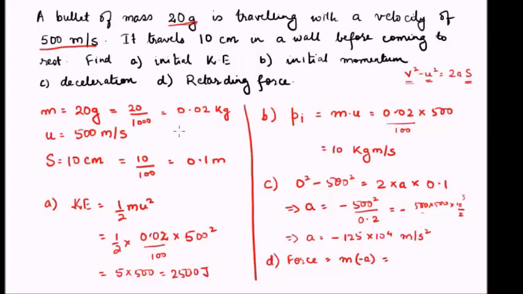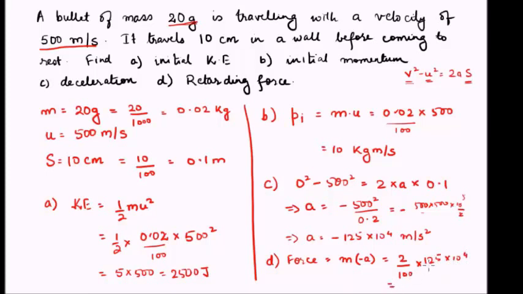Now mass is 0.02, that is 2 divided by 100, and the negative of A, that is the deceleration, is 125 into 10 to the power 4.